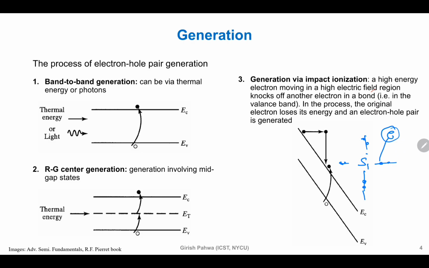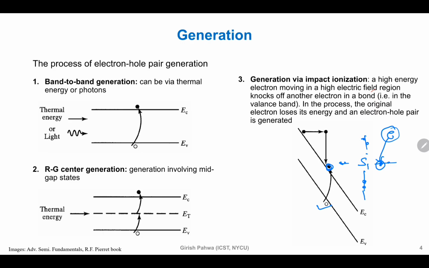So this electron knocks off this electron in the band because it has a very high energy, so it can break this bond. So in this process, this electron will reach the conduction band here, and in the process there will be a hole creation. So this is generation via impact ionization.